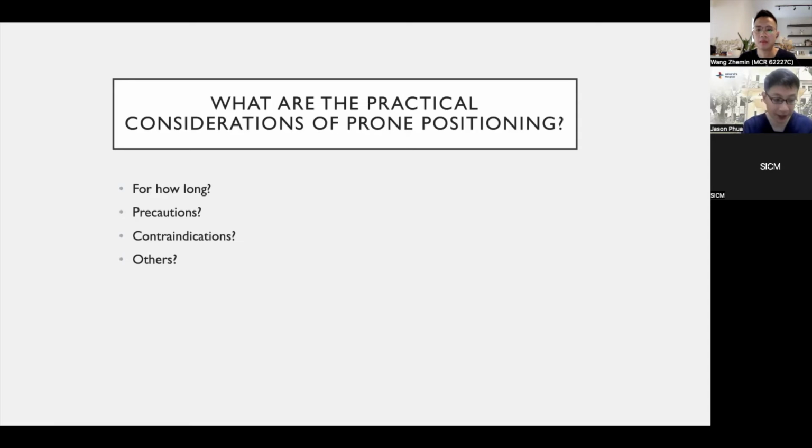Presumably this patient is alert, awake, hemodynamically stable, no other non-pulmonary issues. So it's just a matter of lying the person flat on the front, and it is easier for high flow. Why? Because it's just two things sticking into your nose, less cumbersome.